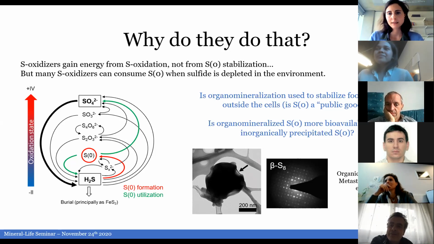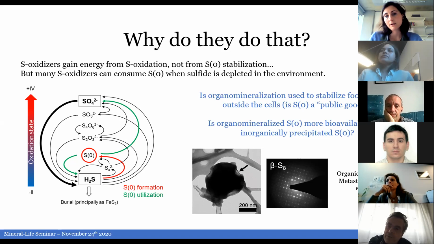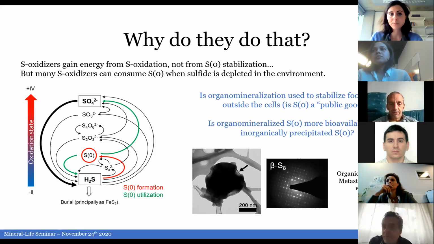I think this is really fascinating, the relation of these extracellular minerals with evolution of the ecosystems. And just before my question, one thing I would like to add, because I'm working on that right now, is that these extracellular minerals, maybe not in the case of sulfur, but for instance in the case of iron sulfide, are obviously catalysts of very important reactions which can directly affect the metabolism. We are publishing a paper now exactly about that.